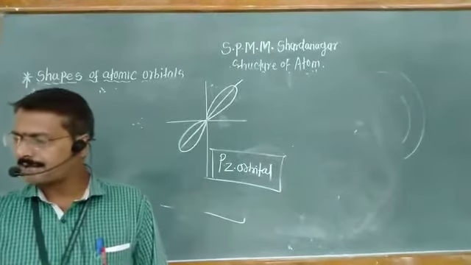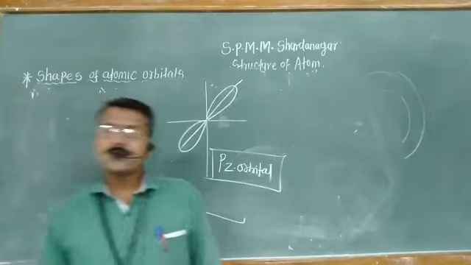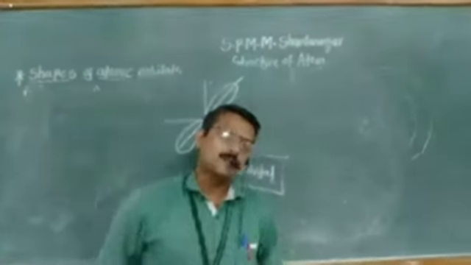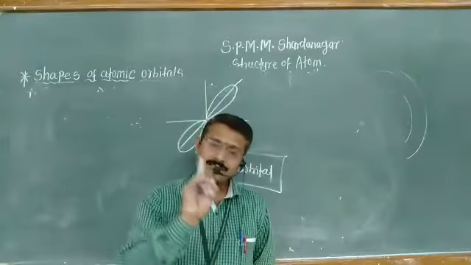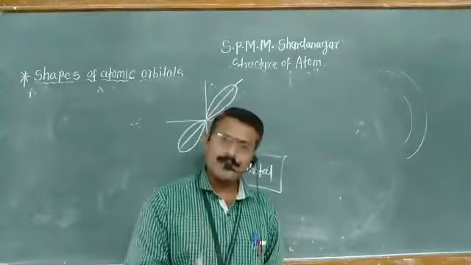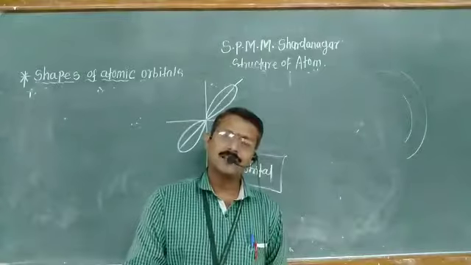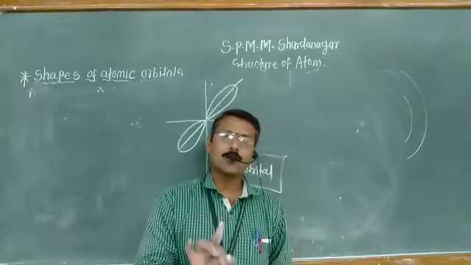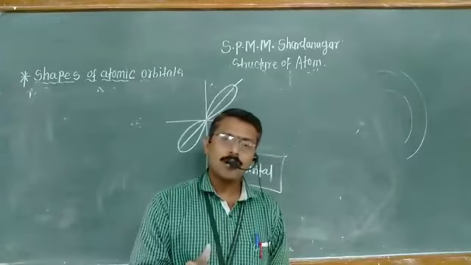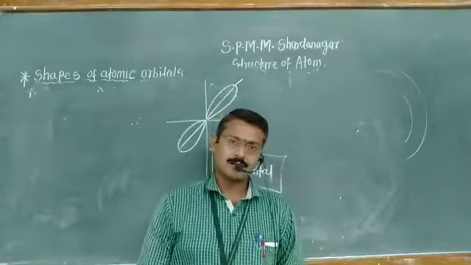Next, remember one thing. In the absence of a magnetic field, px, py, pz have an equivalent amount of energy. Hence the p orbital is called a triply degenerate orbital.